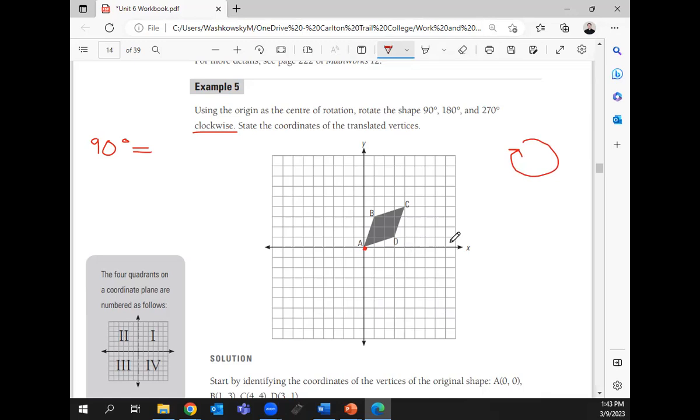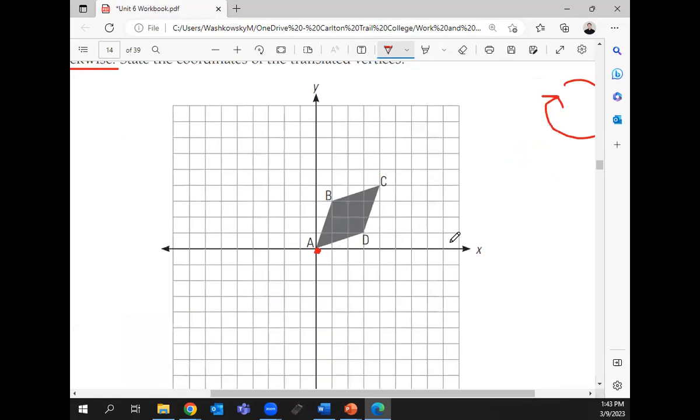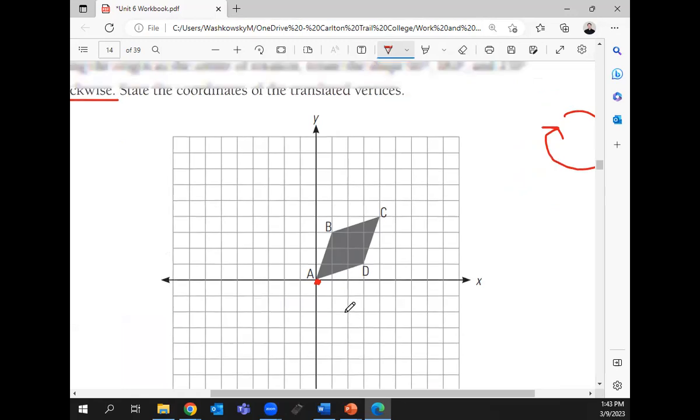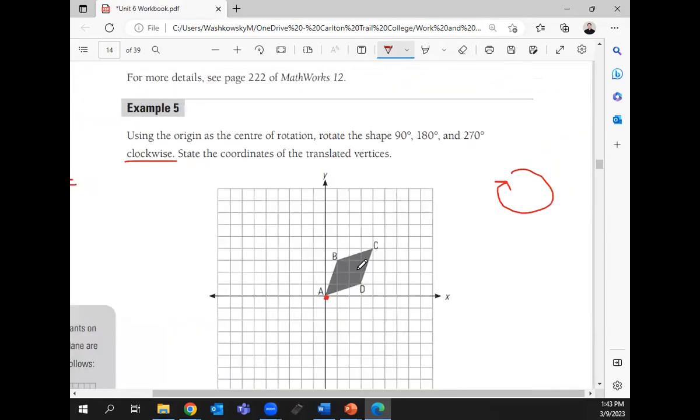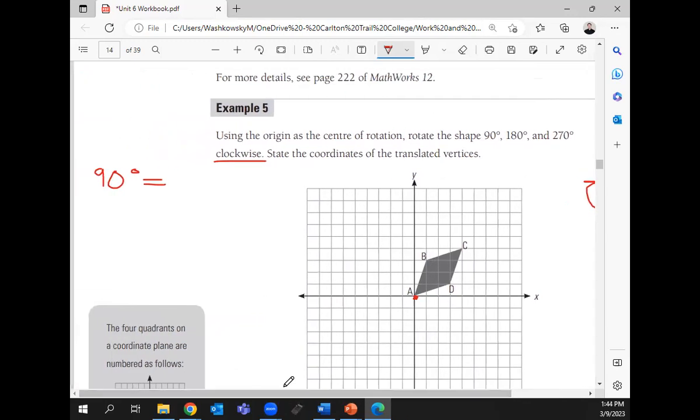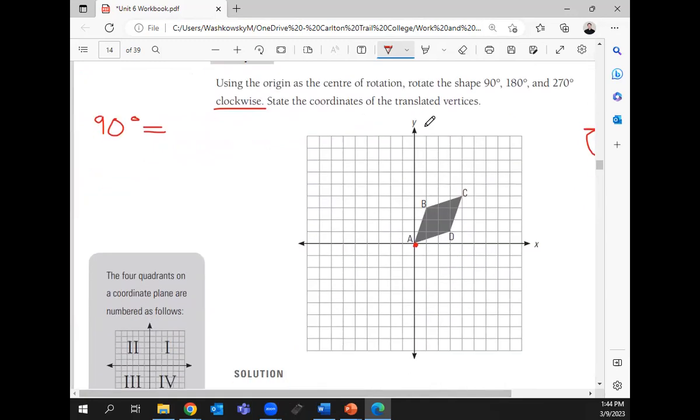So first, what you're imagining is that you're cutting this out and placing it after you rotate it. But what's going to happen with these first 90 degrees is, all of our X coordinates are on this half, I'm just going to color it in.